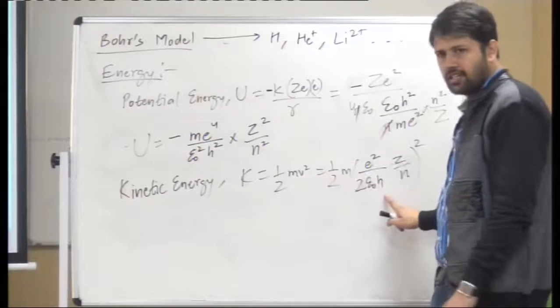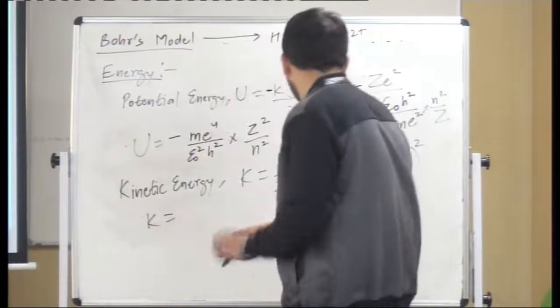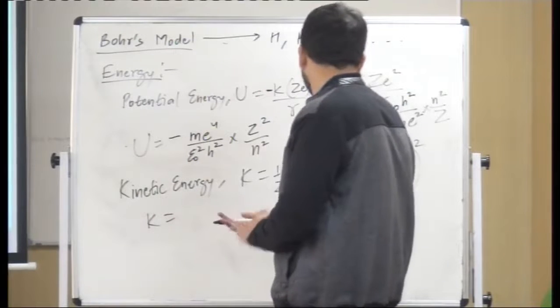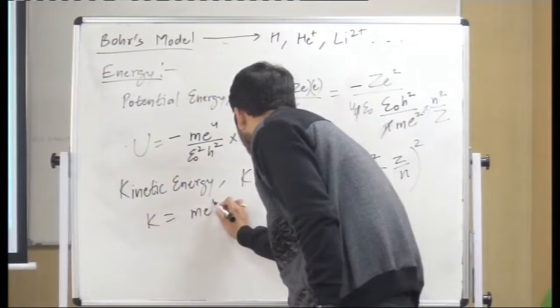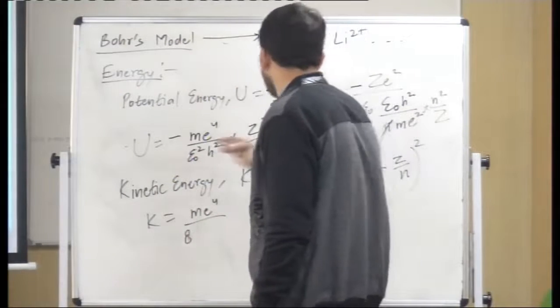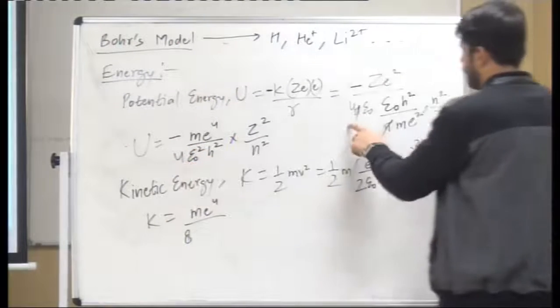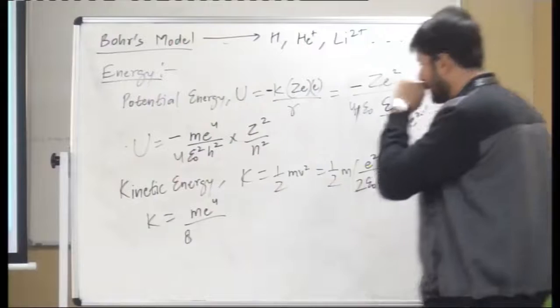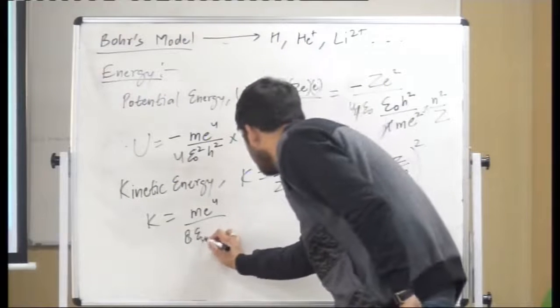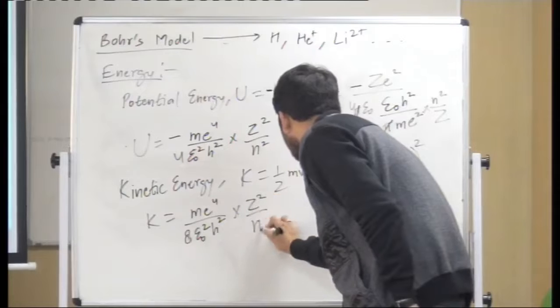We replace the values, and we get K as m e^4 by 8. I left 4 here, please check, it was 4 as well there. So this would be 8 epsilon naught square h square into z square by n square.